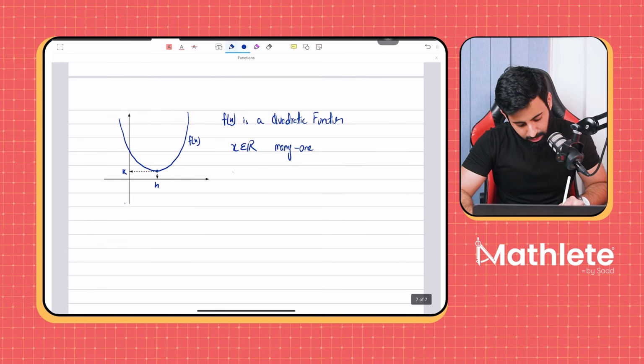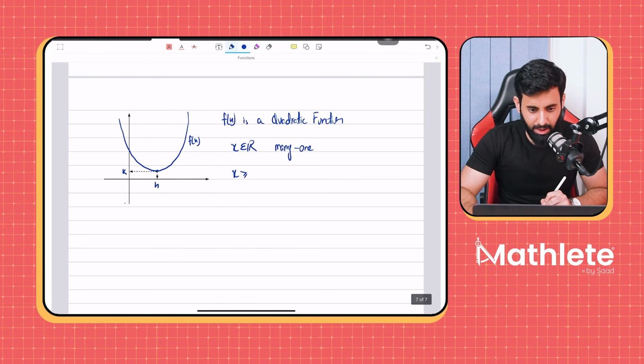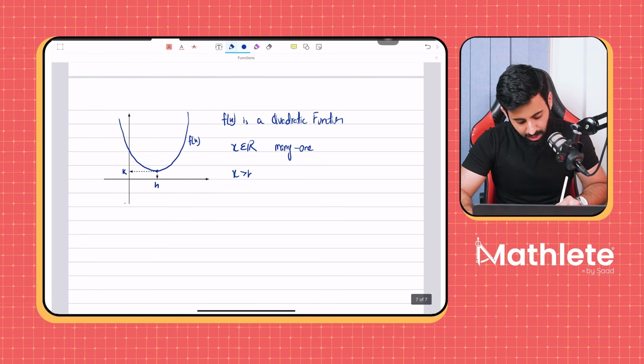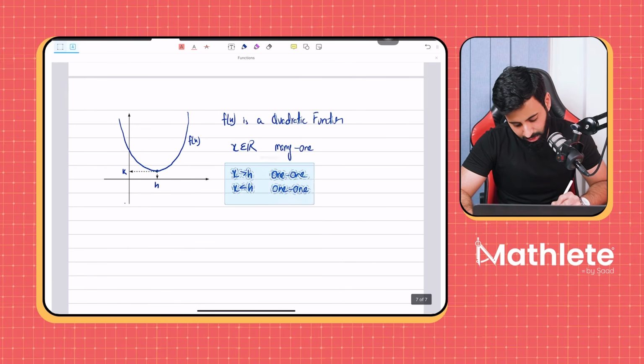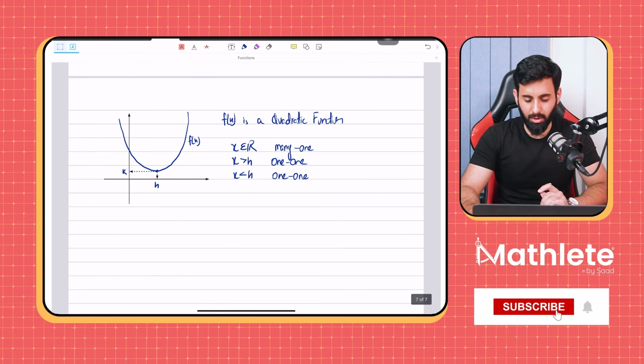However, if I alter the domain, and only allow you to look at the part after the turning point, that makes it a one-to-one function. Again, if I only allow you to look at the part of the curve before the turning point, that also makes it a one-to-one function.